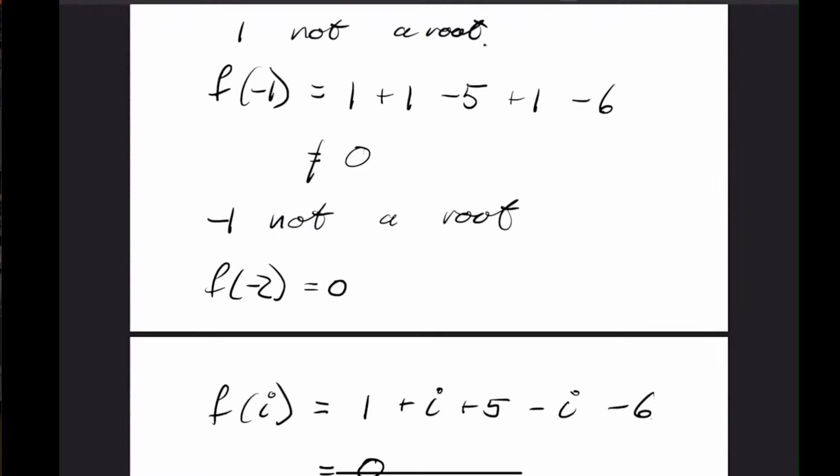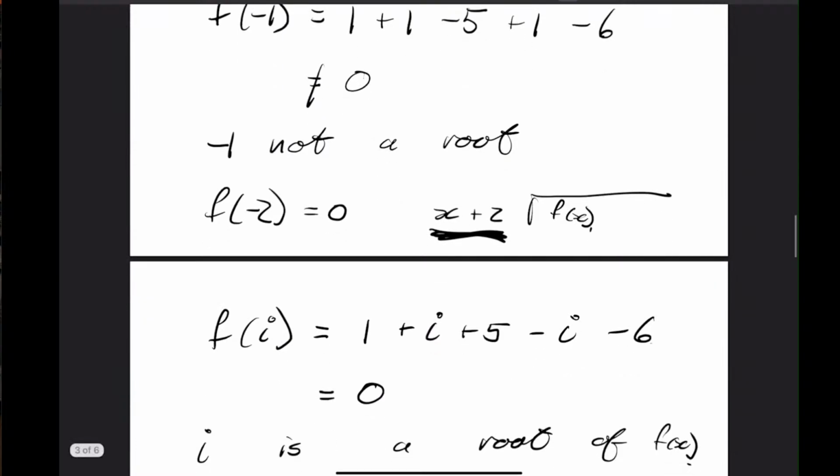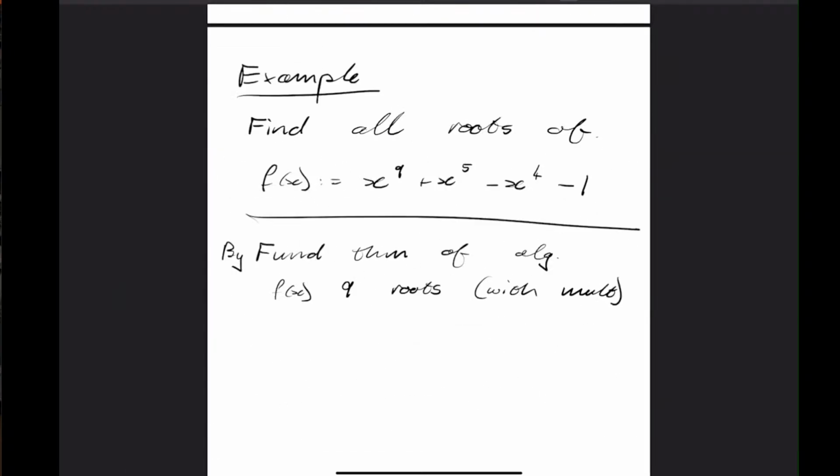Since minus 2 is a real root, we don't get an extra root, so all that we would then do is divide by this factor that we know. So x plus 2 is a factor, and then repeat. Okay, the point is it only works if the root that we have has an imaginary part.